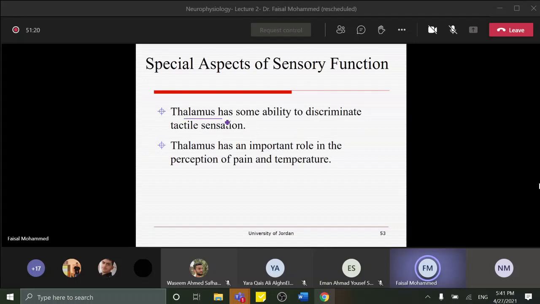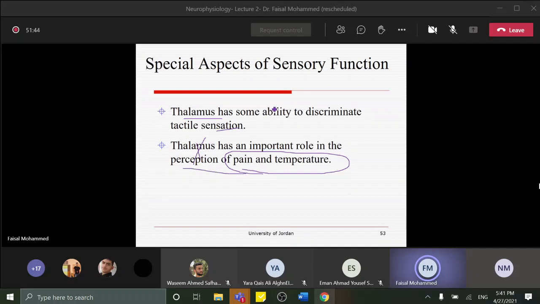The thalamus may be able to discriminate tactile sensation, but mostly it is pain and temperature, because especially for pain, very little fiber reaches the cerebral cortex. Most of the fibers end at the thalamus. So the thalamus is a very important area for perception of pain.